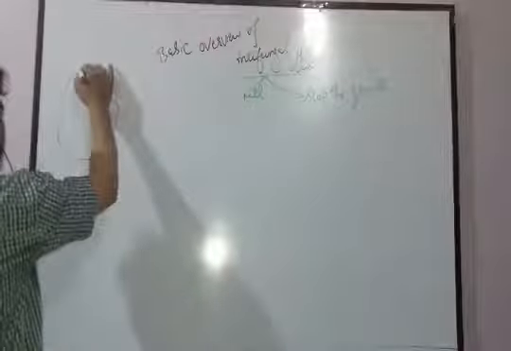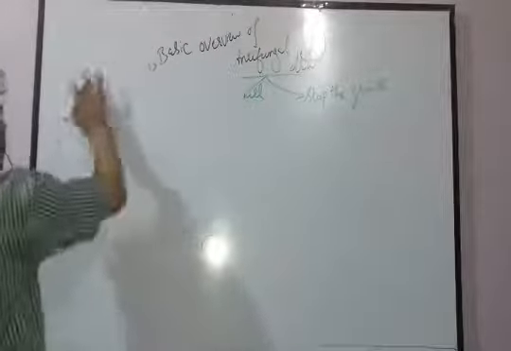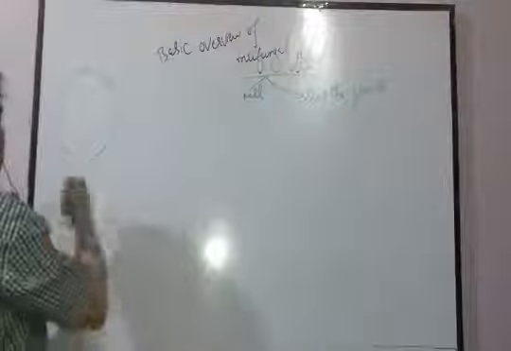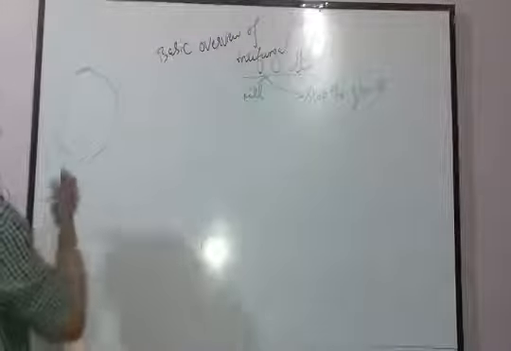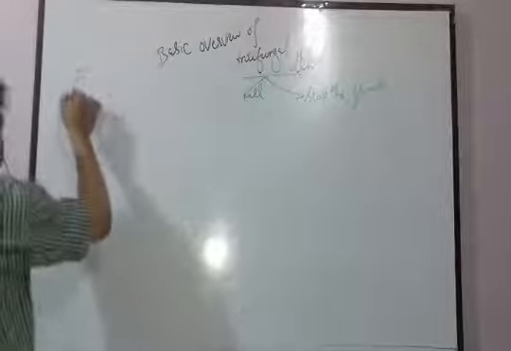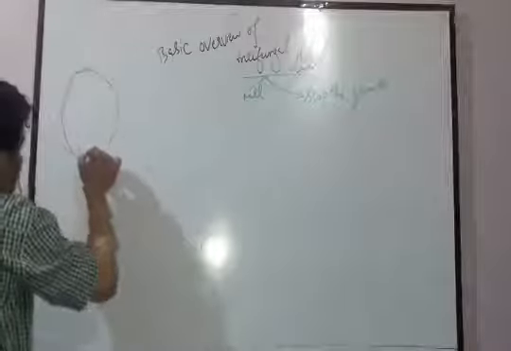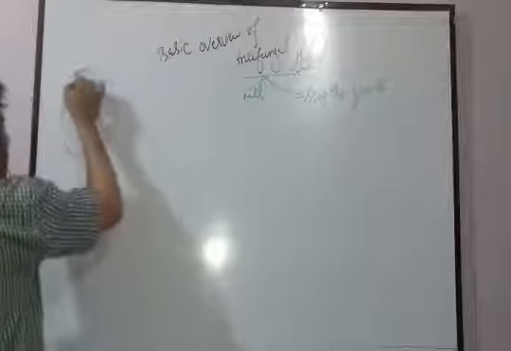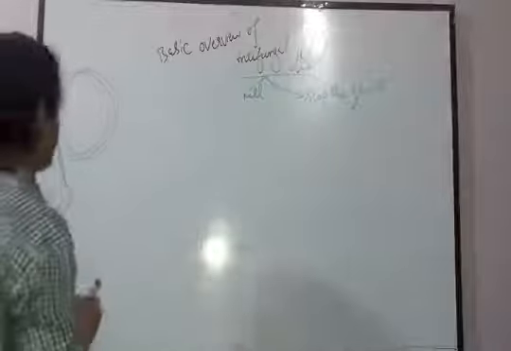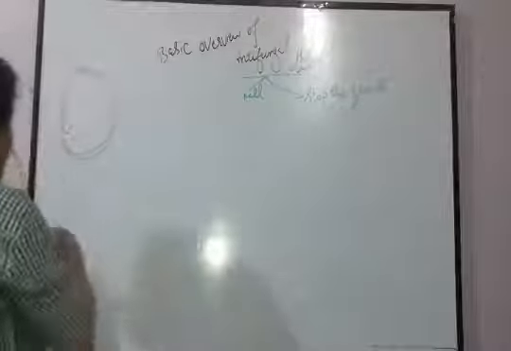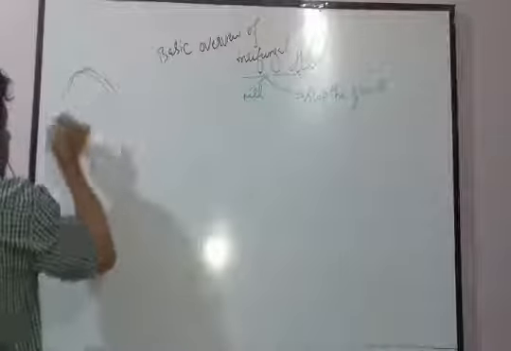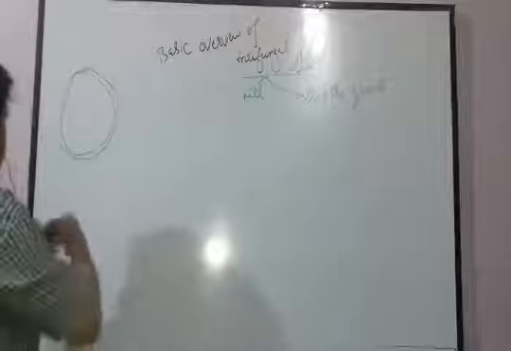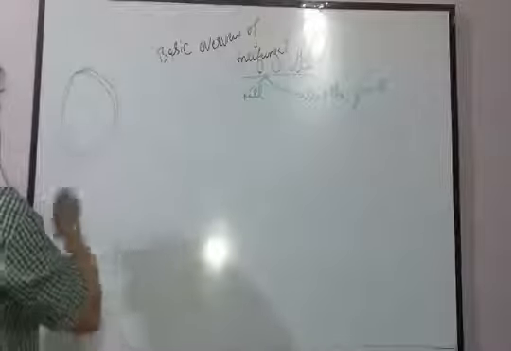Now this outer layer, let's suppose, we call the cell wall of the fungi. This inner layer, let me draw with the red marker, is the cell membrane. Fungi have a cell wall as well as a cell membrane. At the mid portion there is a nucleus, and inside the nucleus there will be genetic material.